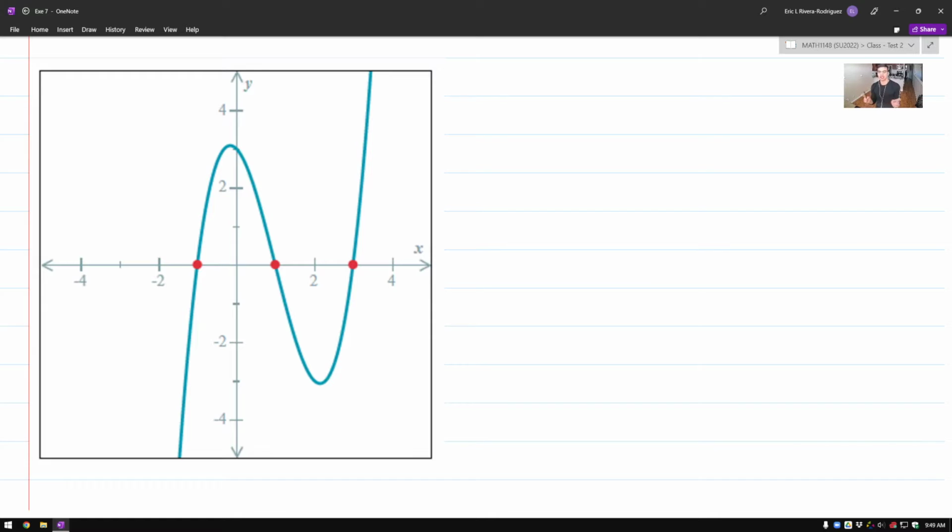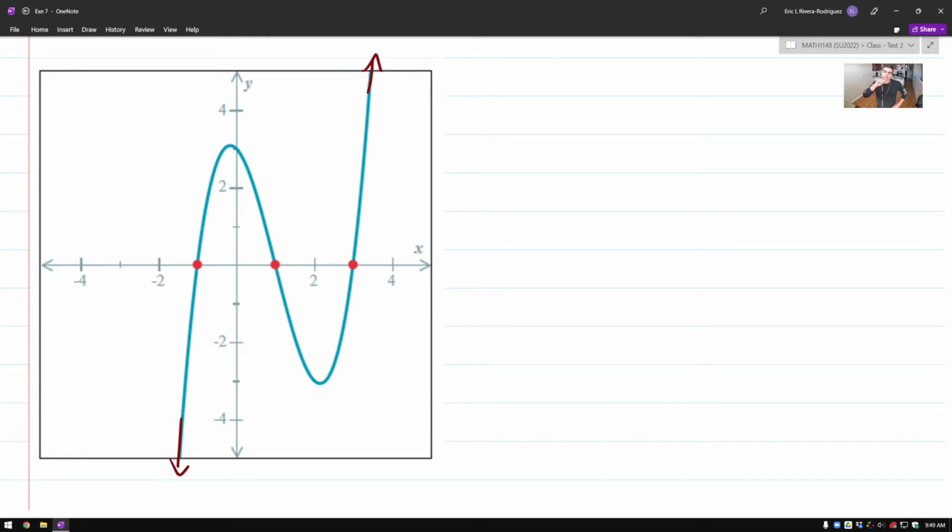Okay, the first thing that we are seeing is that the end behaviors of the graph are, the left side goes down on the left side, and the right endpoint goes up on the right side.